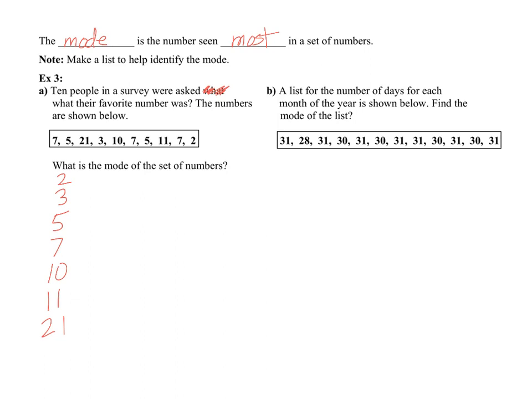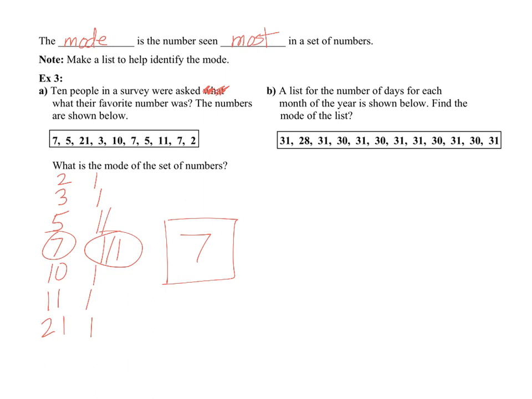I'm just writing out tally marks here. We see it 1 time. The number 3, 1 time. The number 5, 2 times. The number 7, 3 times. Number 10, 1 time. Number 11, 1 time. Number 21, 1 time. So there's 3 tally marks for number 7. That's the number we see most. That's the mode.